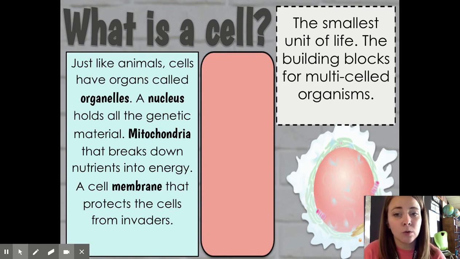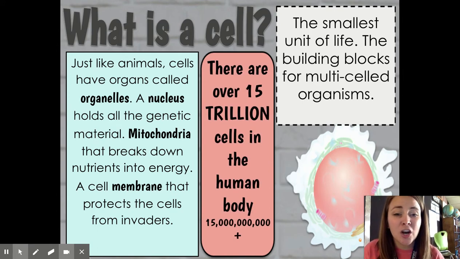A nucleus holds all the genetic material, mitochondria that breaks down the nutrients into energy, and a cell membrane that protects the cell from invaders. There are over 15 trillion cells in the human body. More than 15 trillion. That's 15 with 9 zeros, y'all.